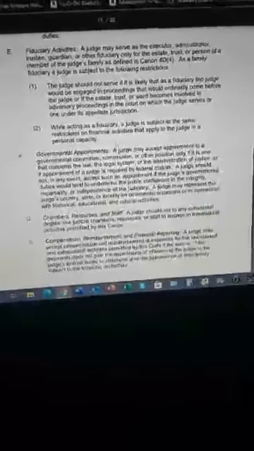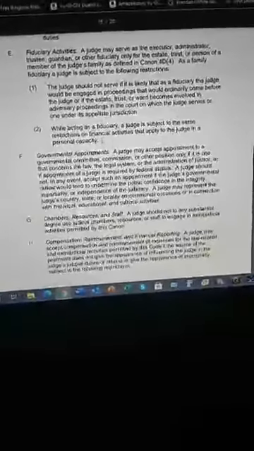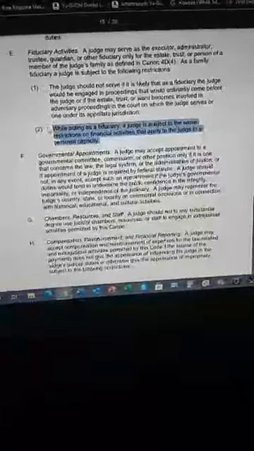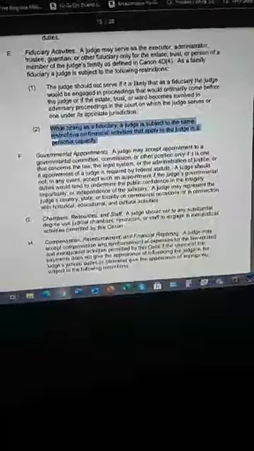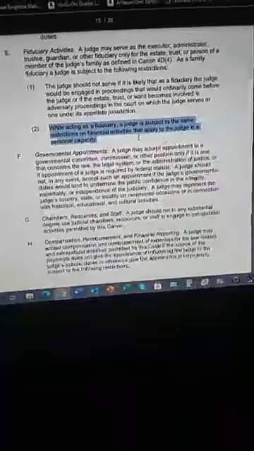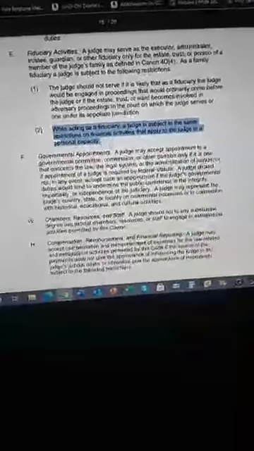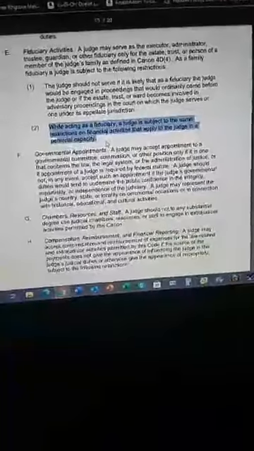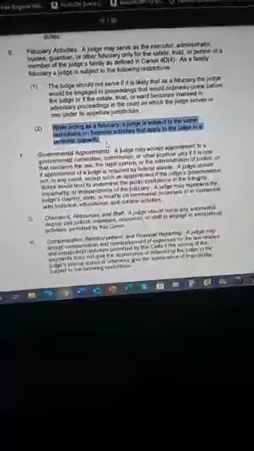This right here, okay? This actually goes in line with what I said earlier about individual and official capacity. So it says right here, while acting as a fiduciary, judge is subject to the same restrictions on financial activities that apply to the judge in a personal capacity. And that's why when you sue judges, you have to sue them in their individual and official capacity.